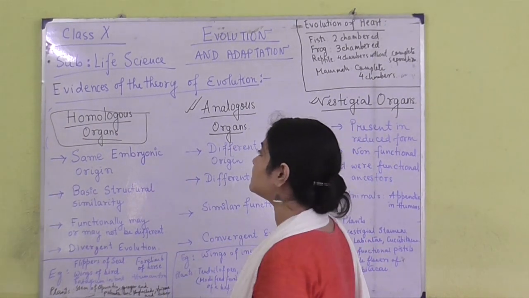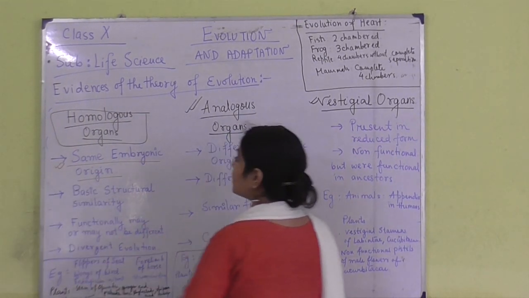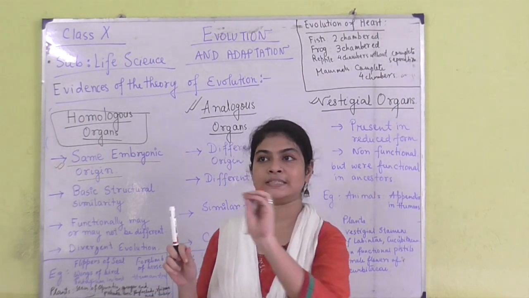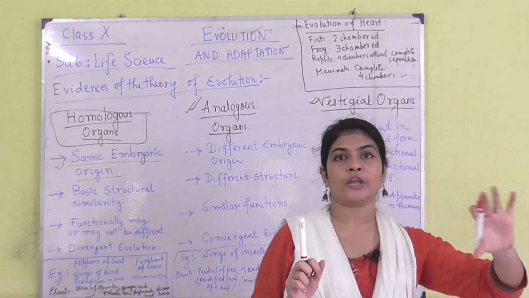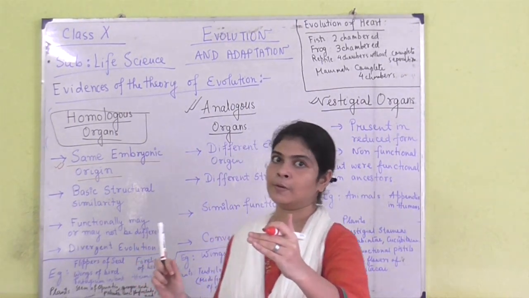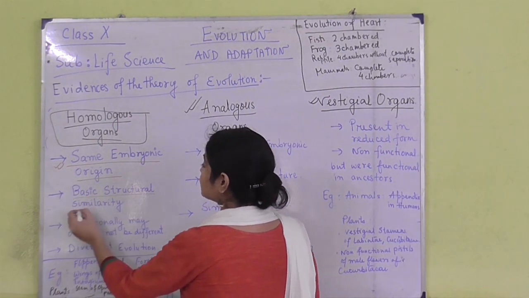The homologous organs, the very first character is they belong to the same embryonic origin. That means when we are talking about organ A, B, C and D, these 4 organs always have the same embryonic origin. Okay. Basic structural similarity.